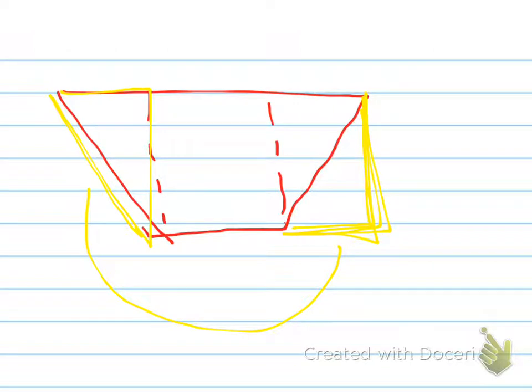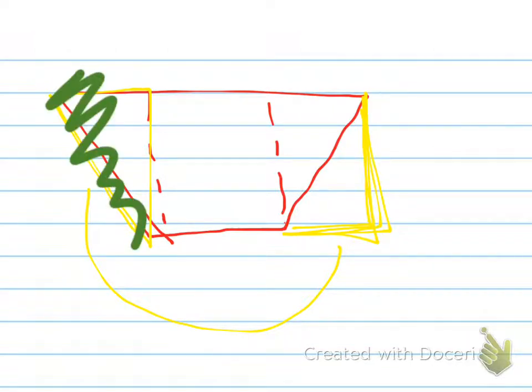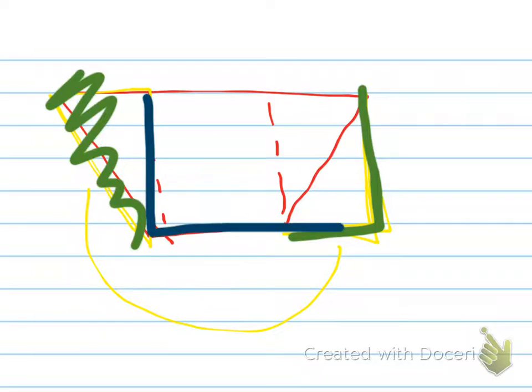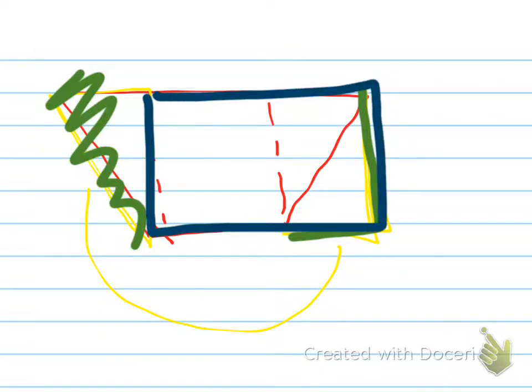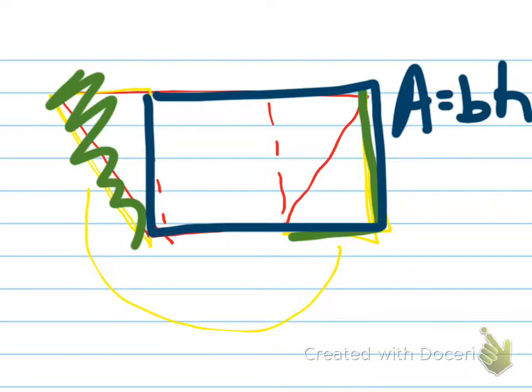So then this is gone because it's over here now. And my entire shape is now a rectangle. And so if I use area equals base times height of this rectangle, I would find the area of this trapezoid.